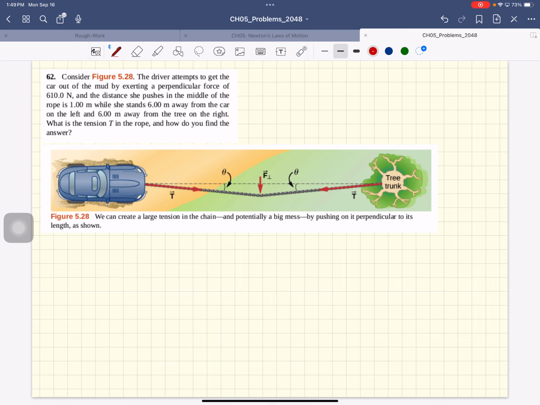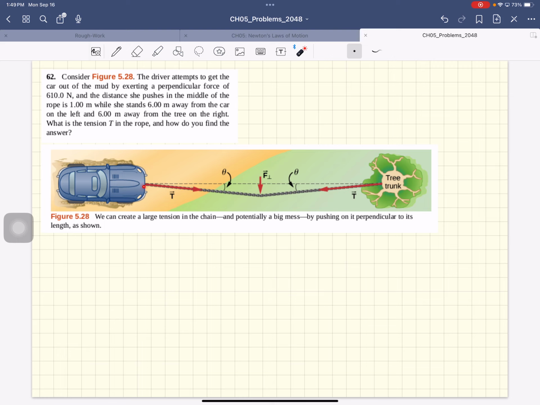All right, this is an interesting problem. If you get stuck in sand or mud, here's a good way to get your car out. You can attach a rope, and we tend to just pull straight on the car like that.